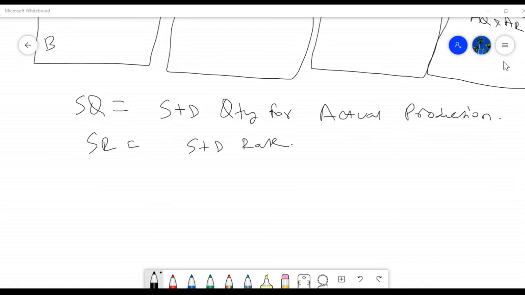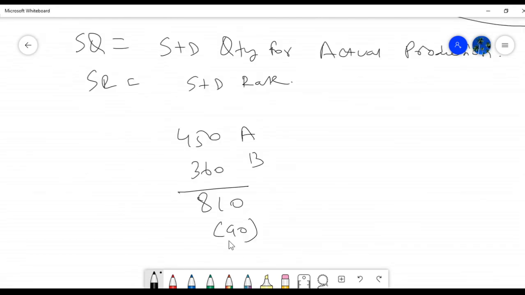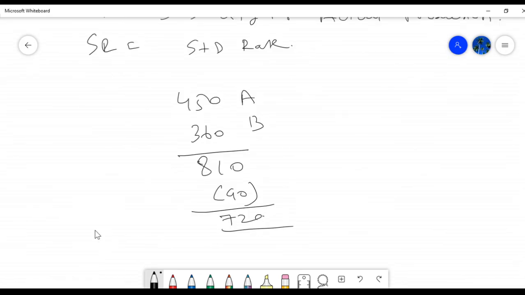Then loss is 90. Then the output becomes 720. This is the standard output. This is the standard information.